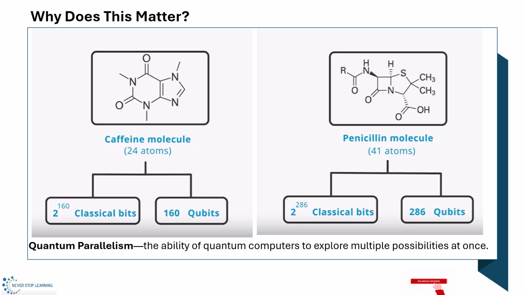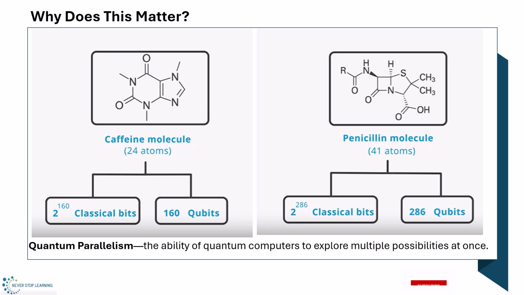Now consider an even larger molecule, the penicillin molecule, which has 41 atoms. Simulating this molecule's behavior would demand 2 raised to the power 286 classical bits. To put that in perspective, this is more than the number of atoms in the observable universe.